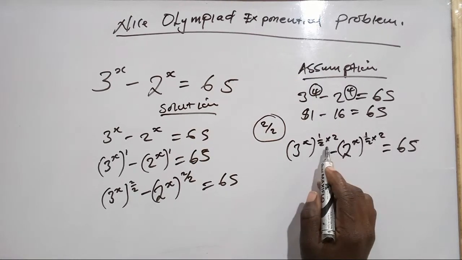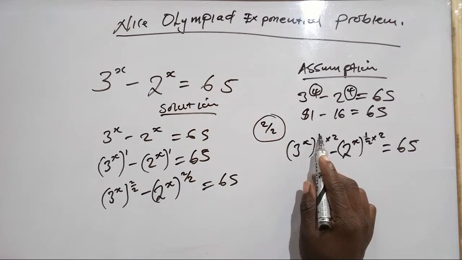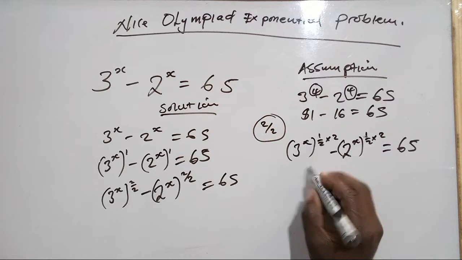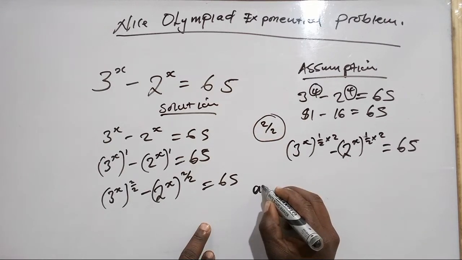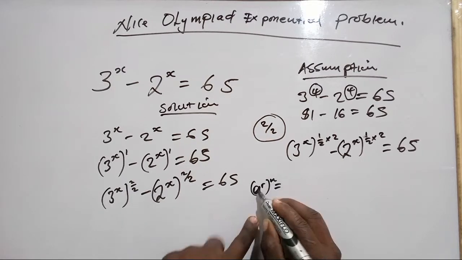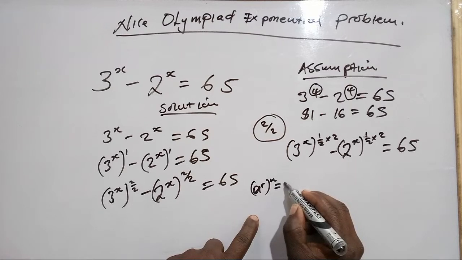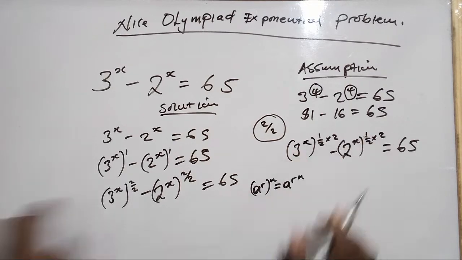Then here, x times the half. In indices, whenever you have a to the power r, to the power n, you multiply the powers, so you have a to the power r n, right? So we do the same here.